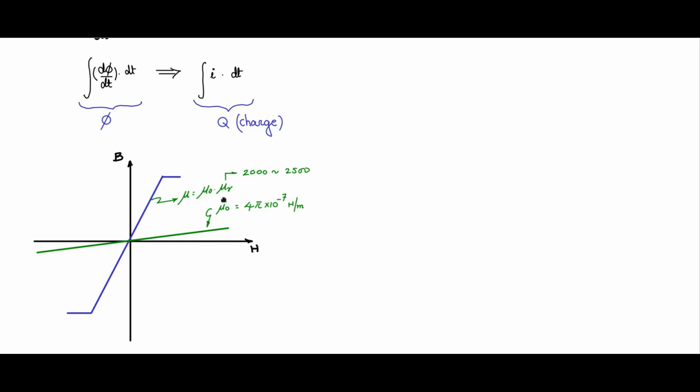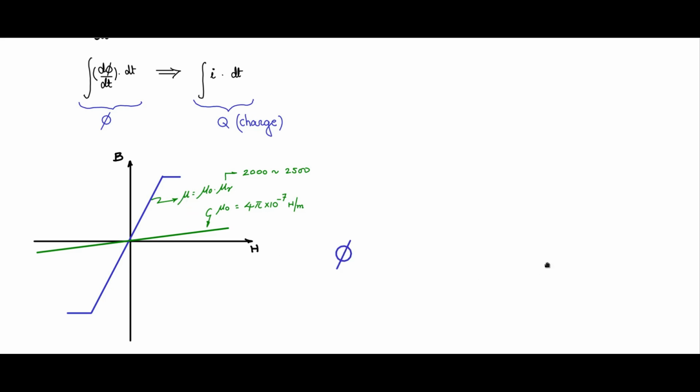What it basically means is that if this is the slope of free space, the slope of the BH curve in ferrites will jump by a factor of 2000 to 2500, and therefore it becomes almost vertical. So this is the relative permeability. So mu has two parts, the permeability of free space and a unitless part, which is a scaling factor which scales the free space permeability to give you the permeability in the core.